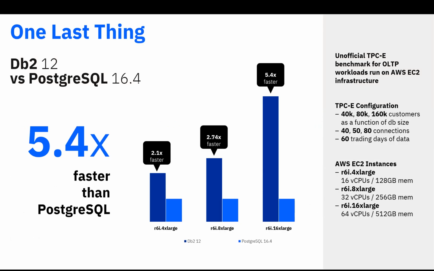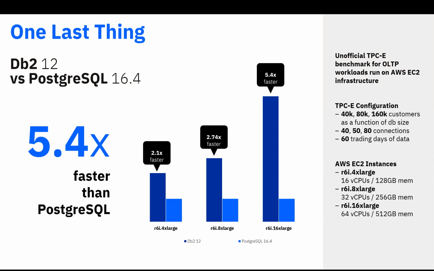So one last thing before I go to my last thing. We did some work with 12.1 to understand how Db2 12 scales versus Postgres. And so we ran Db2 and Postgres on the same servers. And what we found is Db2 is about 2 times faster on the 4x large system.